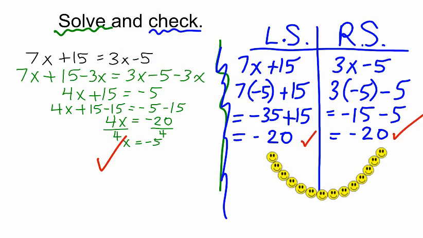If we did not have the correct solution of negative 5, the left side would not equal the right side. And if the left side doesn't equal the right side, well, we have one of two potential problems. Either we have the wrong solution, or, and this one's unfortunate, maybe we're not very good at doing BEDMAS, right? Because look at all that blue math we just did. We have to do that math correctly, which requires us to have good BEDMAS skills.